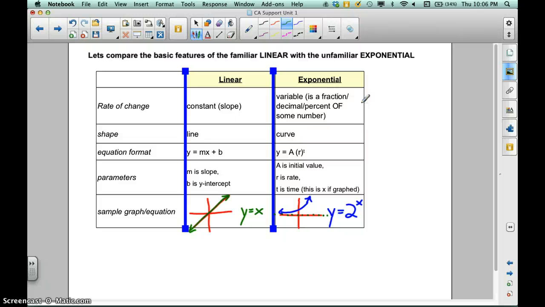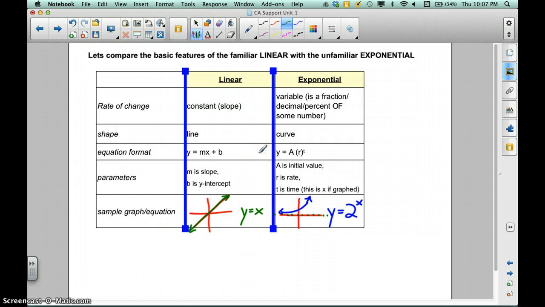It might be changing by 30% of something each time, or it might be doubling each time. Whatever is happening, the number doesn't have meaning without it being a fraction, decimal, percent of something else. The shape of a linear function is a line, while the shape of an exponential function is a curve.